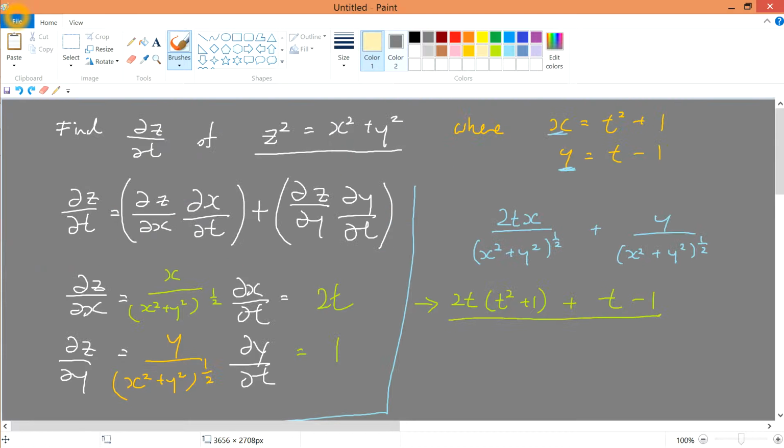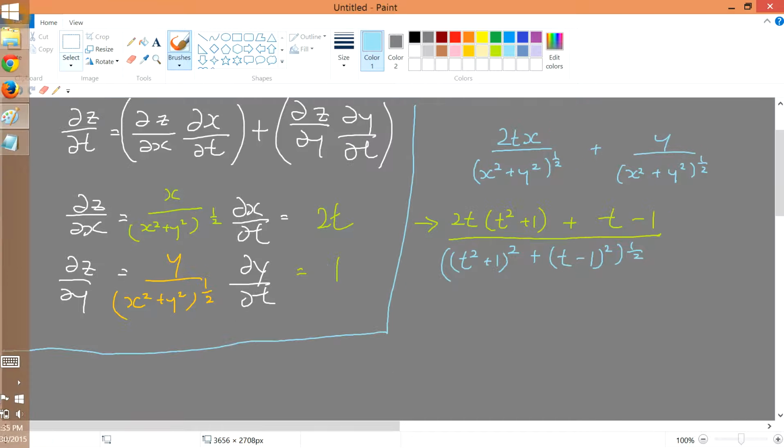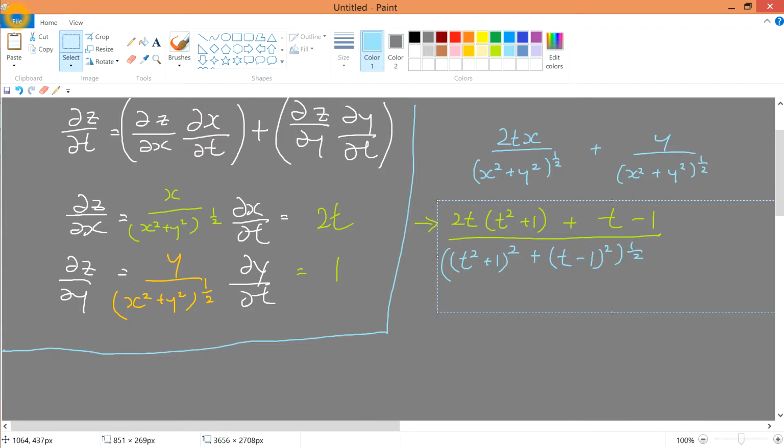Damn, this will be very, very hairy. But anyway, x squared plus y squared, so I have t squared plus 1 squared plus t minus 1 squared, to the power of half, sorry.